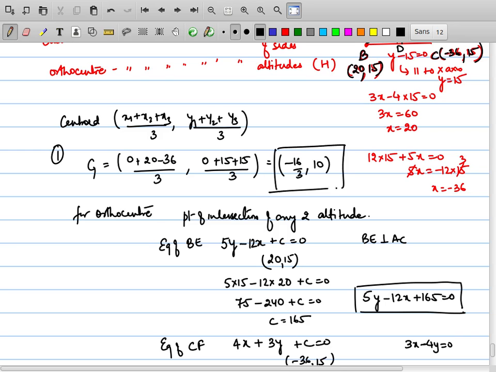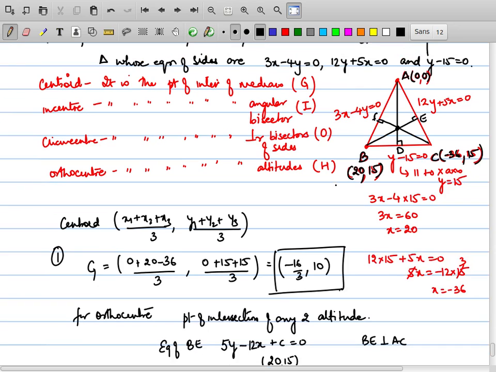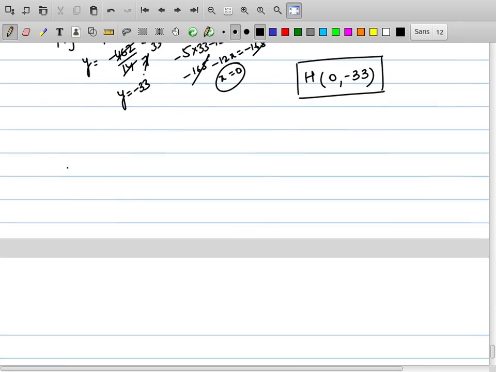This was your G. Now let's say we have found out the centroid and the orthocenter. Now we will find out the incenter. What is the incenter? The incenter is the point of intersection of the angular bisectors of the angles of the triangle. There are three angles in this triangle: this angle, this angle and this angle.